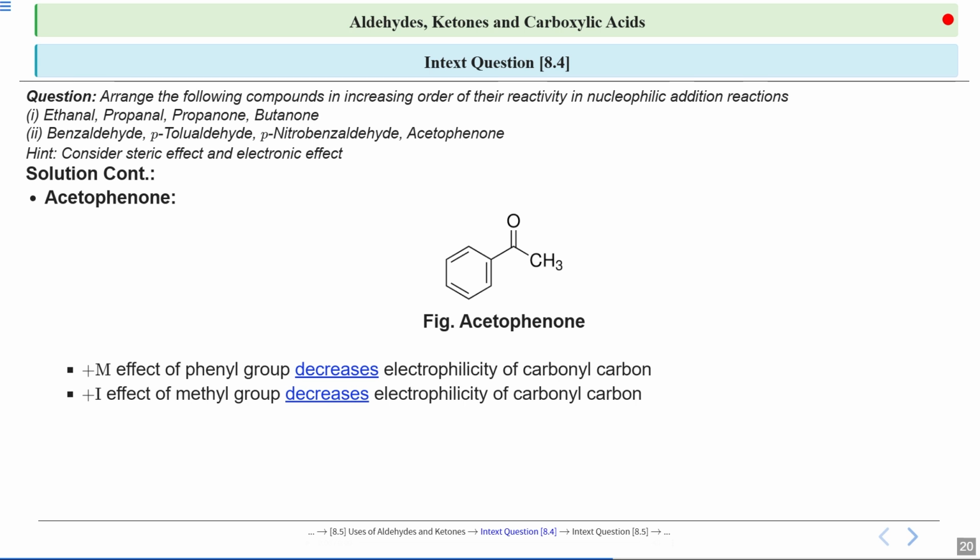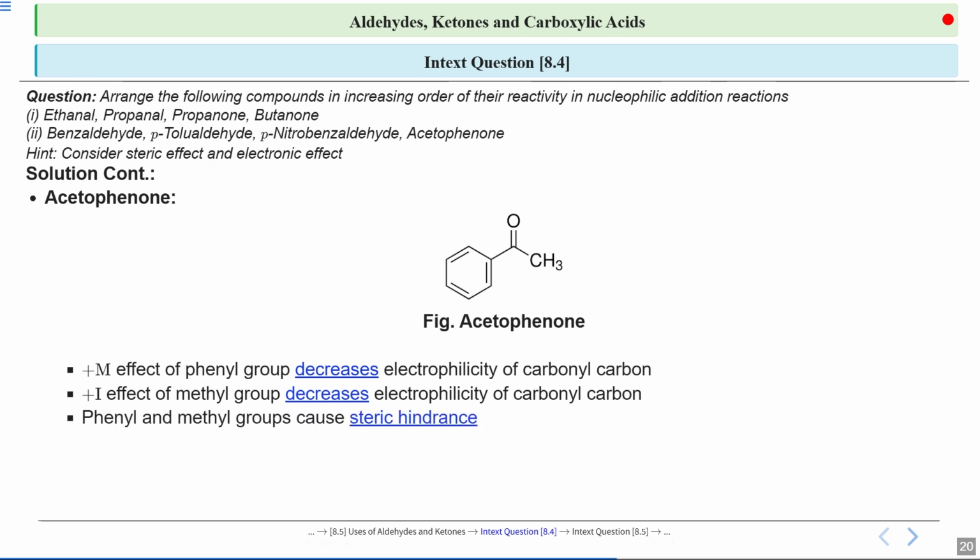The methyl group has a positive inductive effect, which also decreases the electrophilicity of the carbonyl carbon. This reduces the compound reactivity in nucleophilic addition reactions.